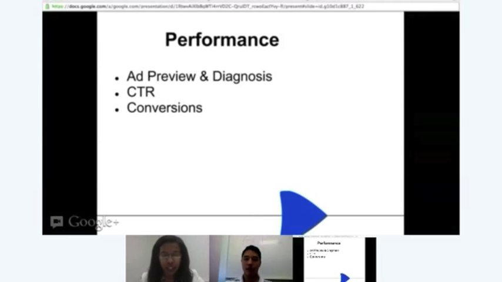In your account, you're seeing that they searched on the keyword, they clicked on it, they went to your site, and then you can track within AdWords whether they made a donation or not. So that's another way you can track the performance of the different campaigns and ads that you have in your account. Next slide.